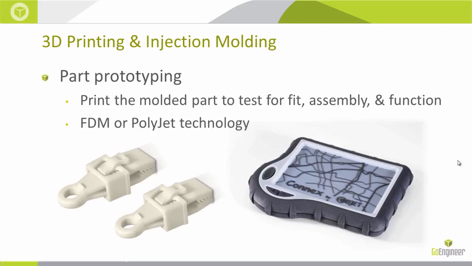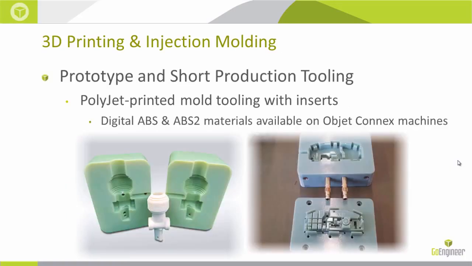Okay, so that brings us to the next scenario here, where we actually need parts that are in the final material, the true to spec material. So we can't print them directly. What that leaves us with is creating some injection mold tooling and going through the molding process with the true materials. And as I mentioned, that's a long, lengthy, expensive process.